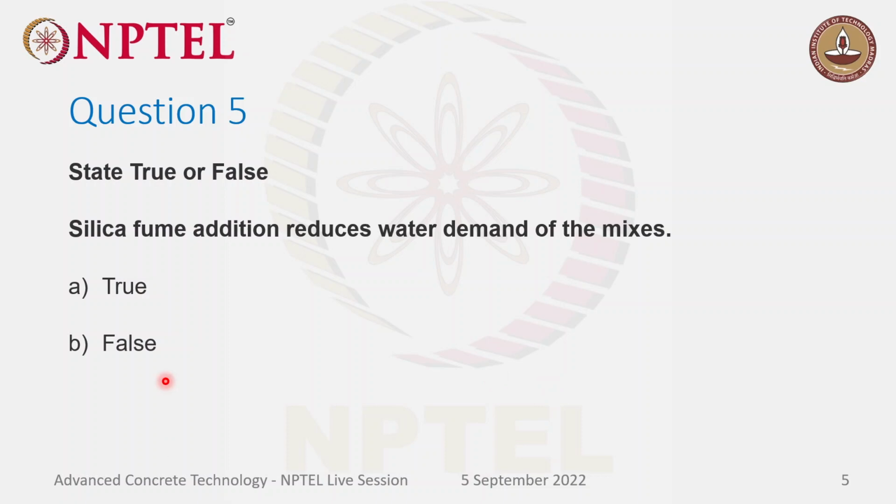So here they're saying if you add silica fume to cement, it will reduce the water demand of the mixes. Do you feel it is true or false?